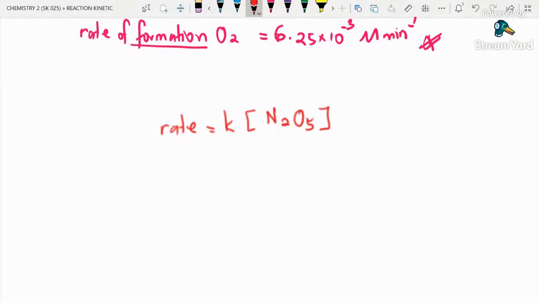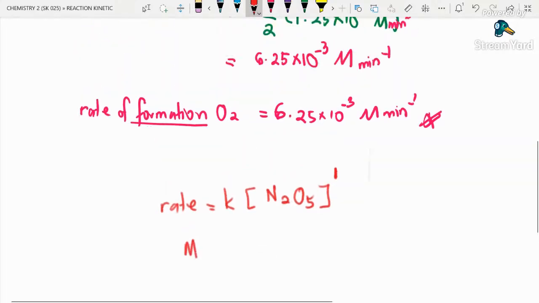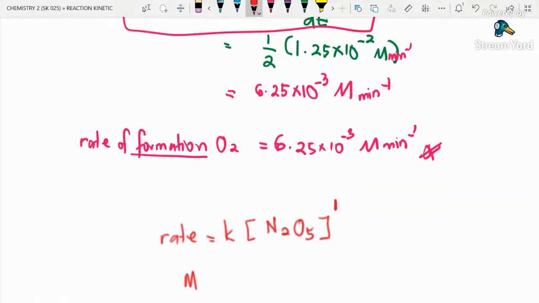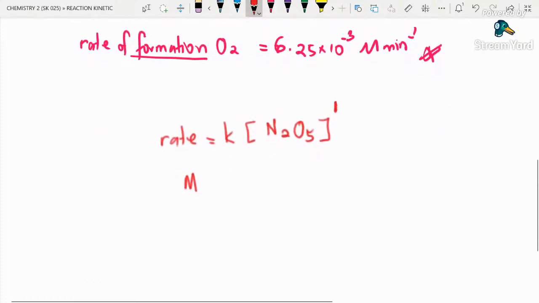Because it is first order, so this rate is, what is its rate? Rate of formation is 1.25 times 10 to the negative 2.